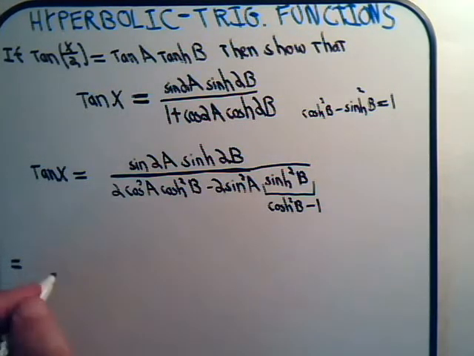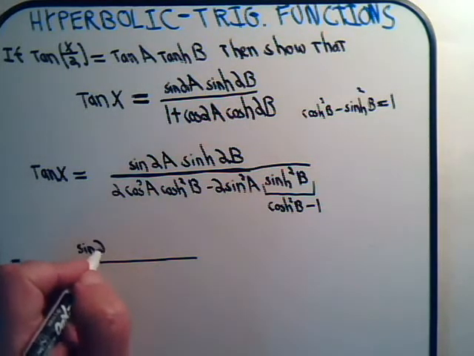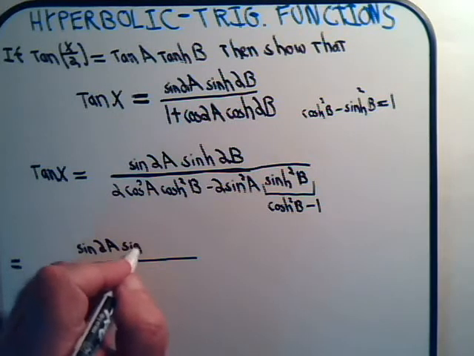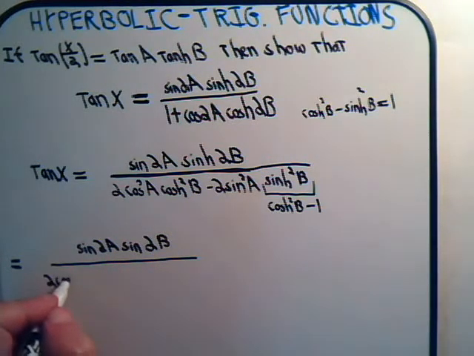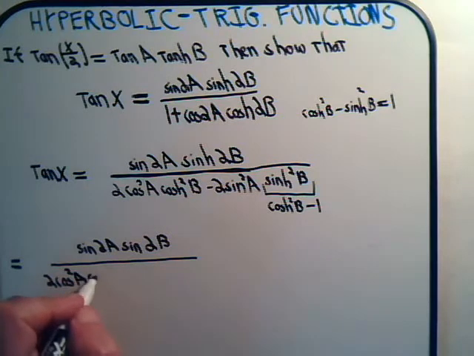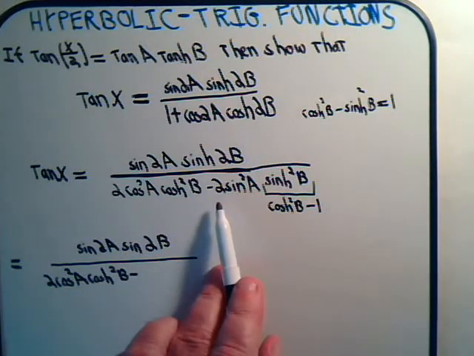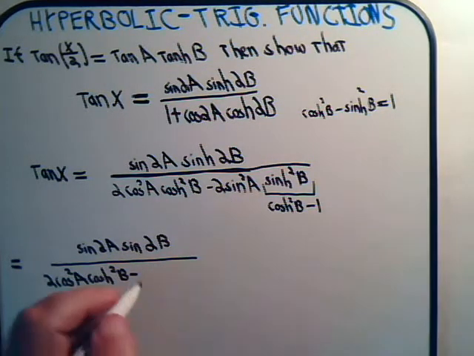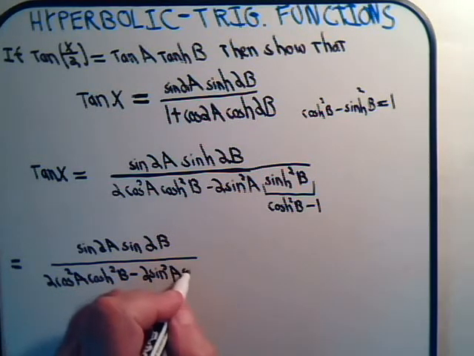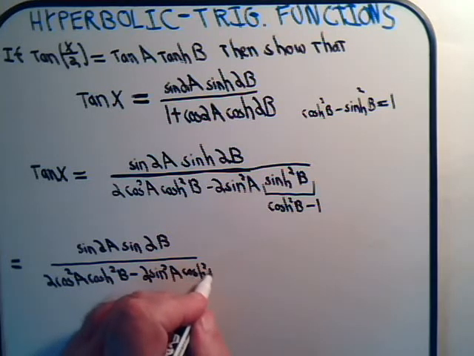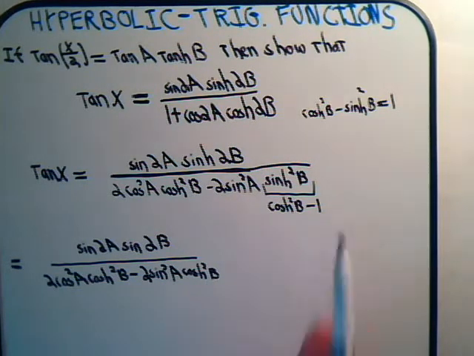So this will be equal to, the numerator stays the same, nothing changes up here. 2 cosine squared a hyperbolic cosine squared b minus 2 times the sine squared of a times this, minus 2 times the sine squared of a times minus 1.